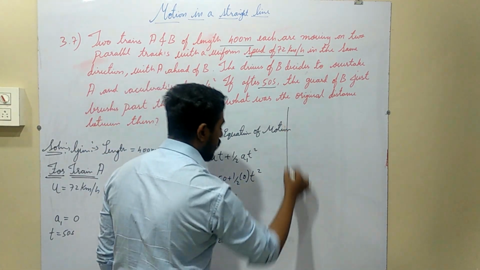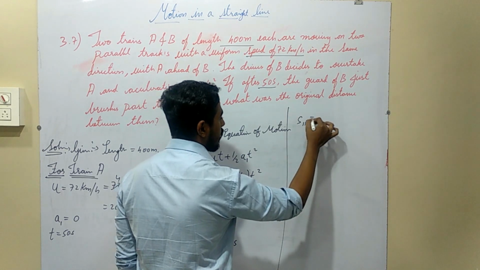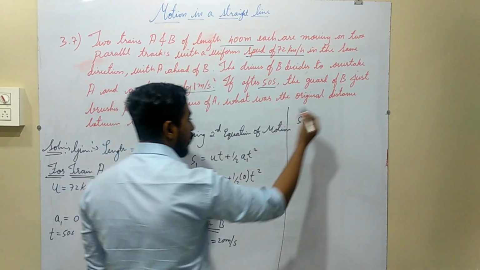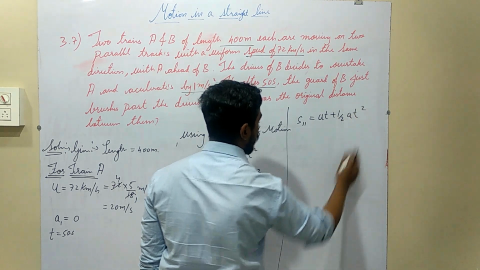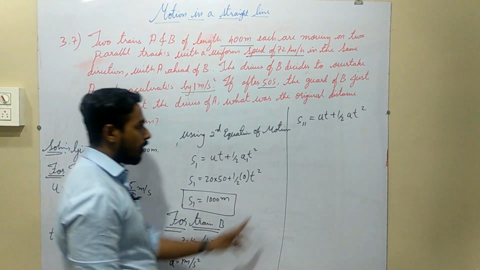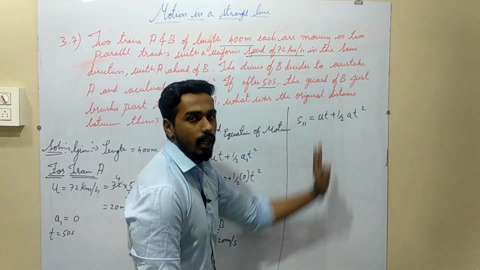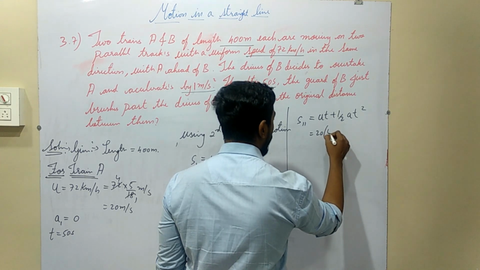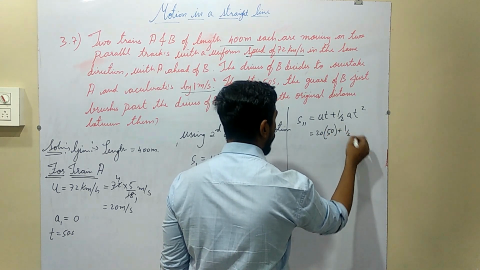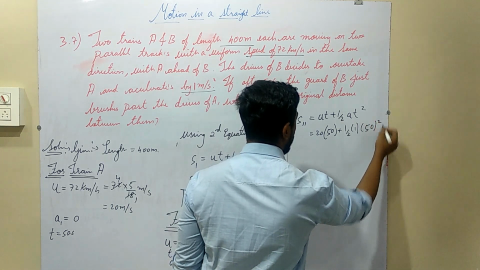Therefore by using the same formula, S2 for the second case, S2 is equal to ut plus half at square. Here I will take a only, because in the first case I have taken a dash or a1. Here I will take a itself. Therefore u value is the same, that is 20 into 50 plus 1 by 2, a value is 1, t value is 50 square.